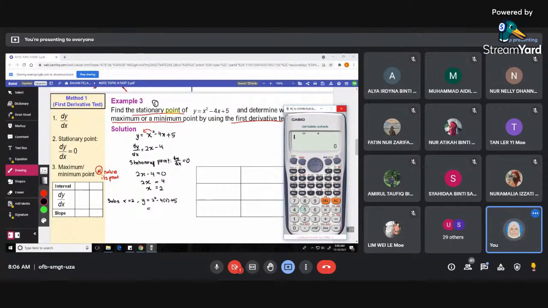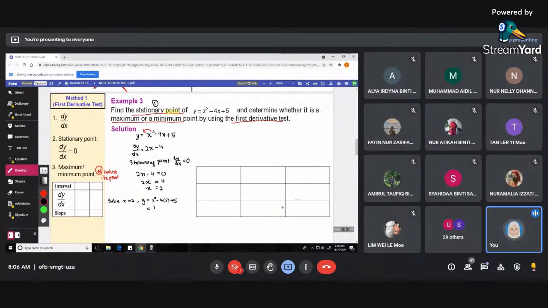What is the answer? 1. That means your coordinate is (2, 1). Therefore, you need to write the conclusion: (2, 1) is a stationary point. Done for the first question.